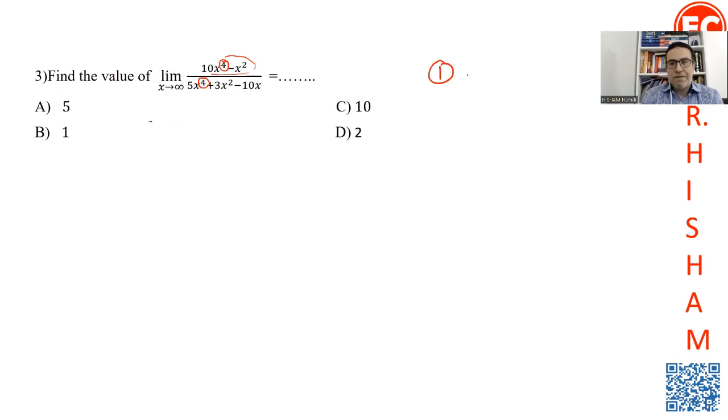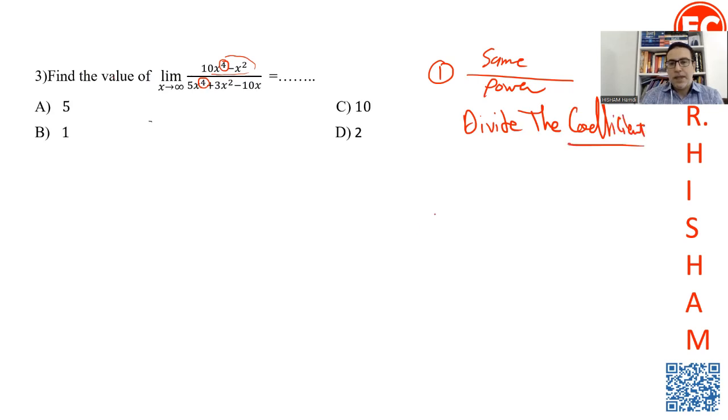So in the first case, I have the same power in the numerator and the denominator, and in this case, I divide the coefficients. Here, I'm going to divide the coefficient of x power 4, which is equal to 10, by the coefficient of x power 4, which is equal to 5. So it's 10 over 5, which is equal to 2.